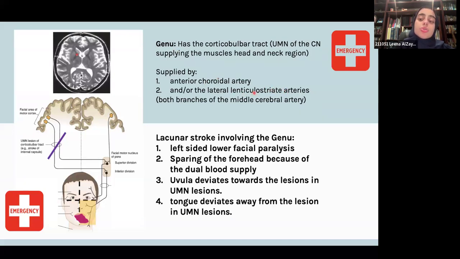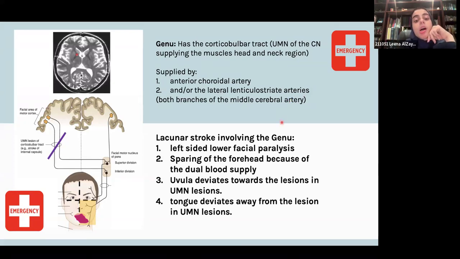And the lenticulostriate artery is a branch of the middle cerebral artery. So the middle cerebral artery brings up the anterior choroidal and lateral lenticulostriate, and they both supply the genu.